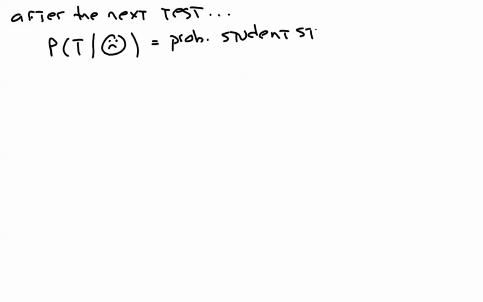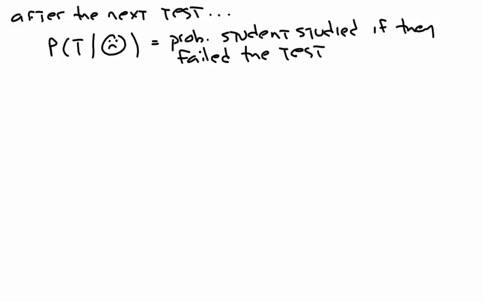after the next test, what is the probability that a student studied given that they failed the test? What's the probability that the student studied given that they failed the exam?